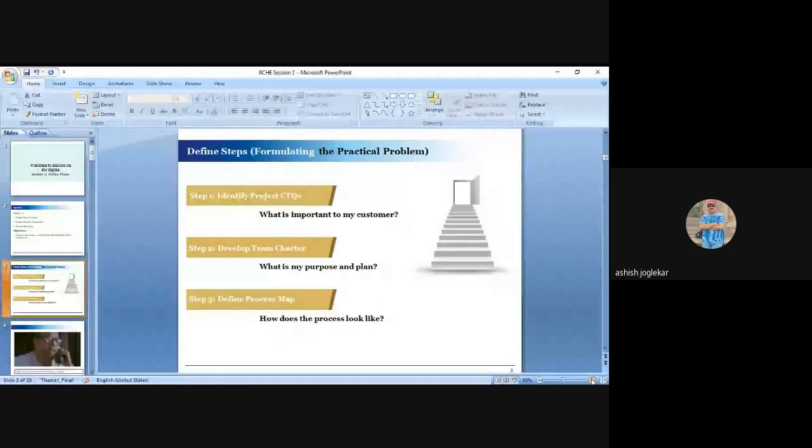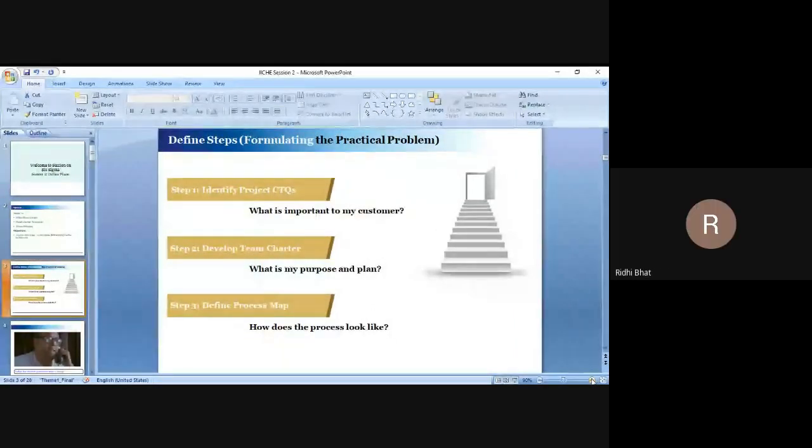Are you able to see now? Yes sir. The slide is define steps.